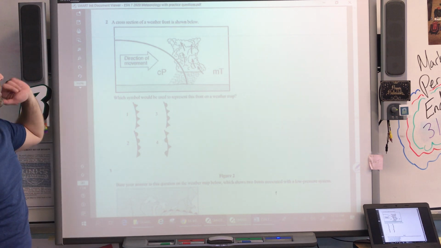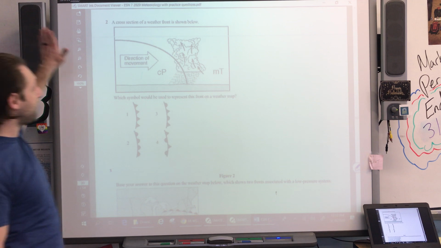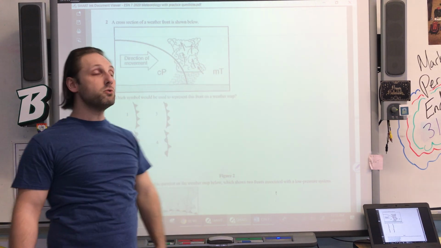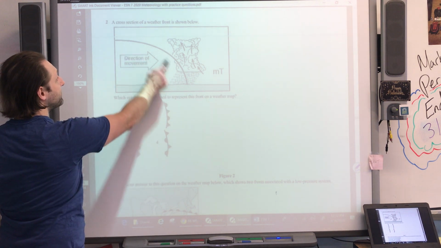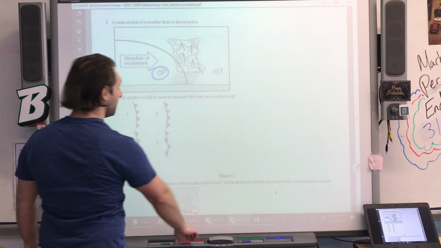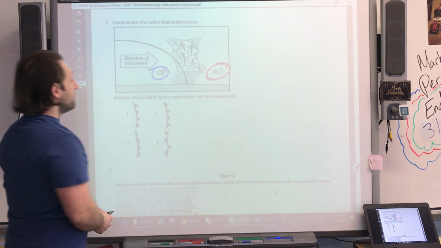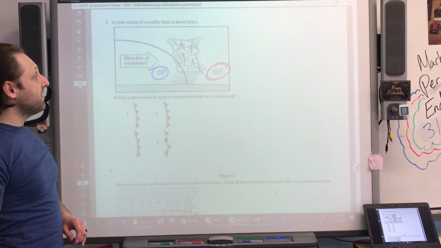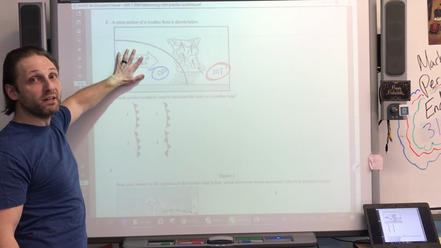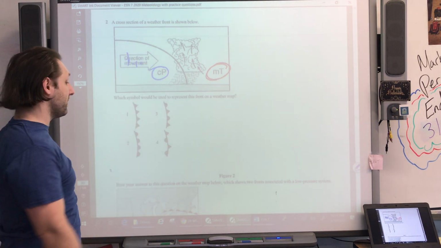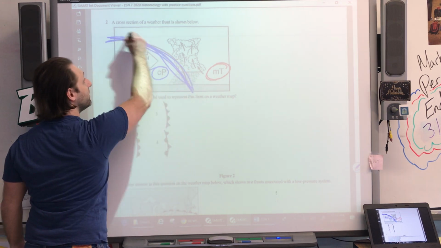All right, so a cross section of a weather front is shown below. So this is a cutaway section view. We have a direction of air movement for this air mass. This air mass has been labeled a CP. We have been given an MT. Which symbol will be used to represent this front on the map? So this is the one that's moving this way. So we are focused on this front here.